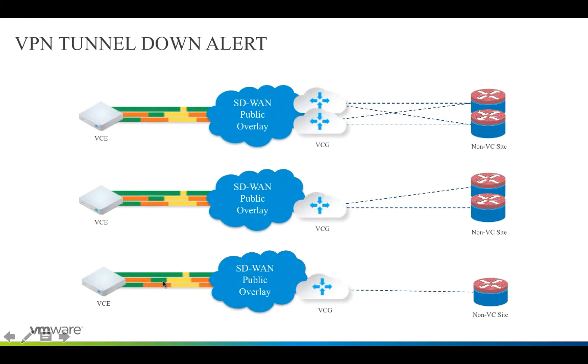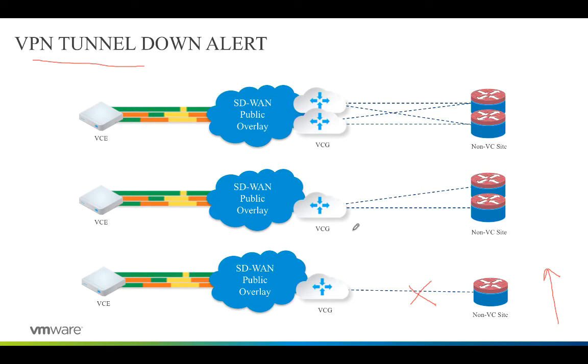And these are some of the different configurations which are possible from the gateways to the non-VeloCloud side. So let's start from the bottom here. These are the different types. You have a single IPsec tunnel from the gateway to the non-VeloCloud side. In this case, if this single tunnel goes down, yes, we will generate a VPN tunnel down alert.